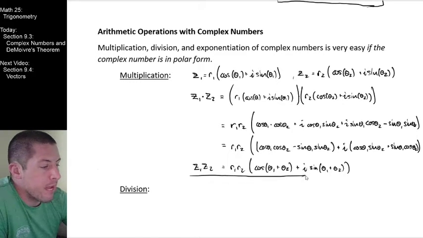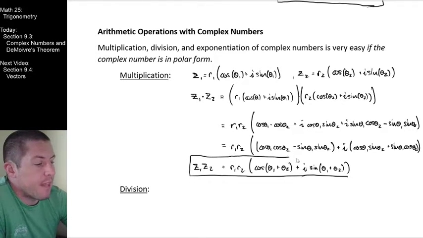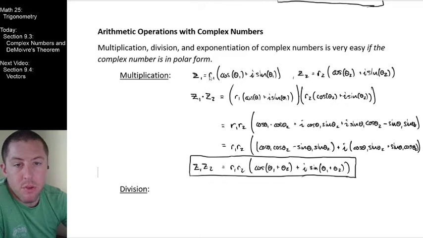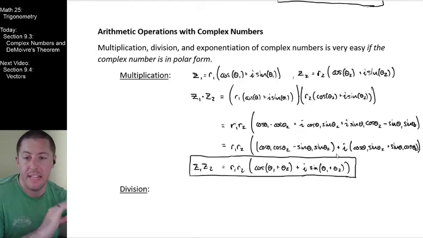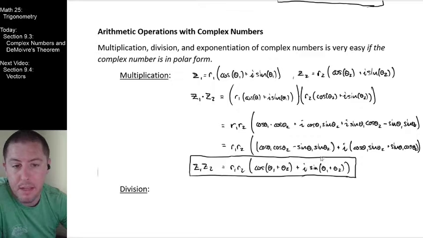Notice that when we multiply together two complex numbers in polar form, meaning we have identified the radius and the angle required to get to that location in the complex plane, all we do is multiply together their R values. We multiply the R values and we add the angles. And that's it. And we're done. That's how we do multiplication in polar form with complex numbers. Multiply the radii, add the angles.